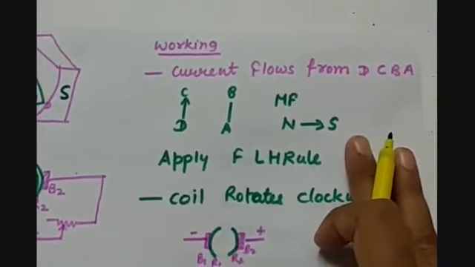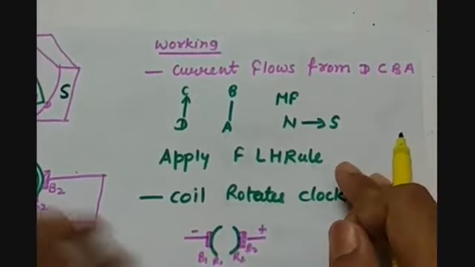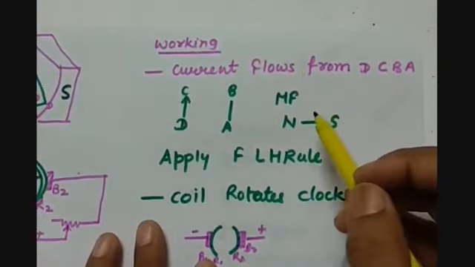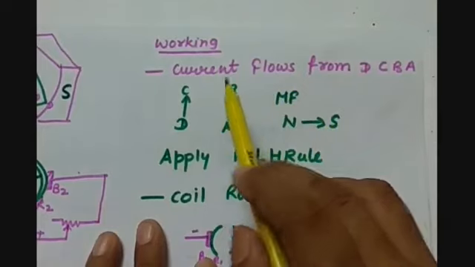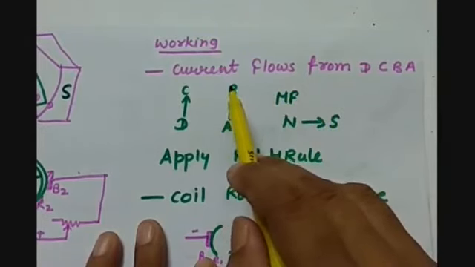So the first step, I am making you understand how you have to write in the answer. Working. So initially the armature coil ABCD is in horizontal position.